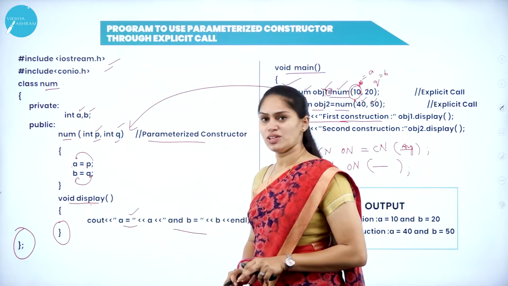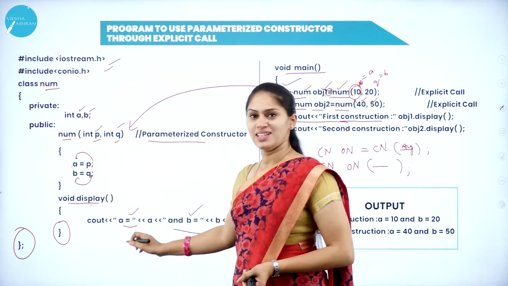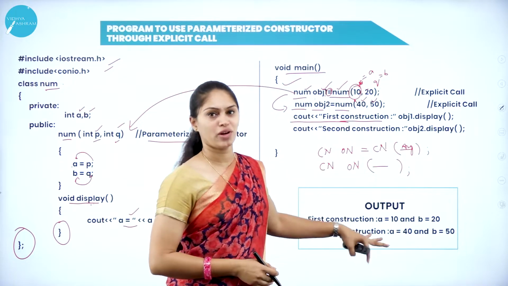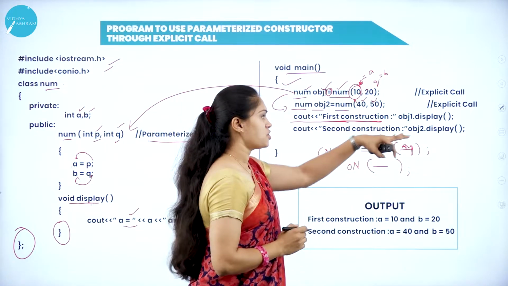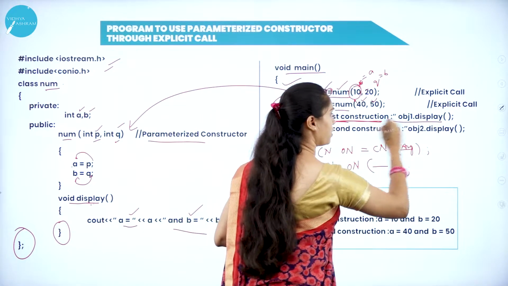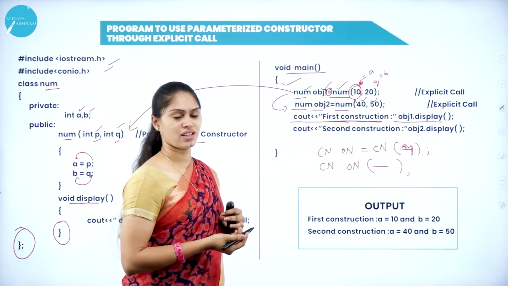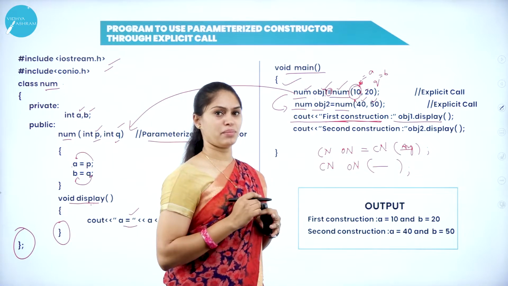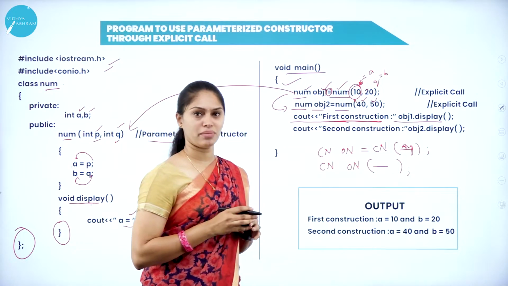A value to display A as well as B. So we'll see what kind of output I am going to get. So cout first construction, and then object 1 dot display. What does it indicate? I am calling the display member function with the help of this dot operator.